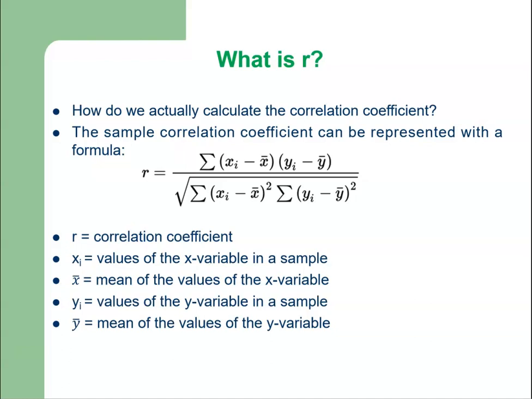Xi denote values of the x variable in a sample. X bar shows mean of the values of the x variable. Yi shows values of the y variable in a sample, whereas y bar stands for mean of the values of the y variable. So as I mentioned earlier, the correlation coefficient is a ratio of the covariance between x and y divided by the product of the standard deviations of x and y.